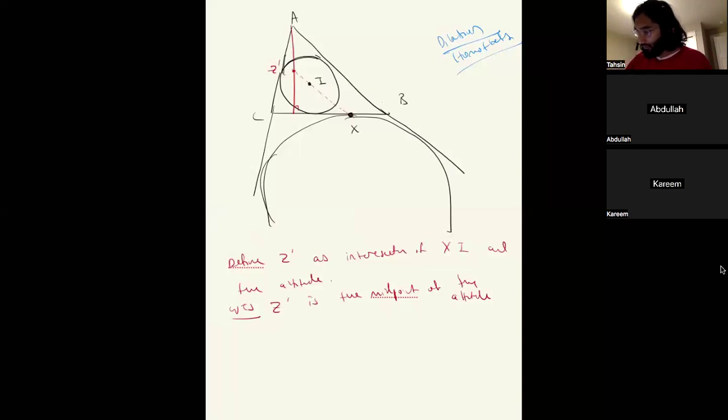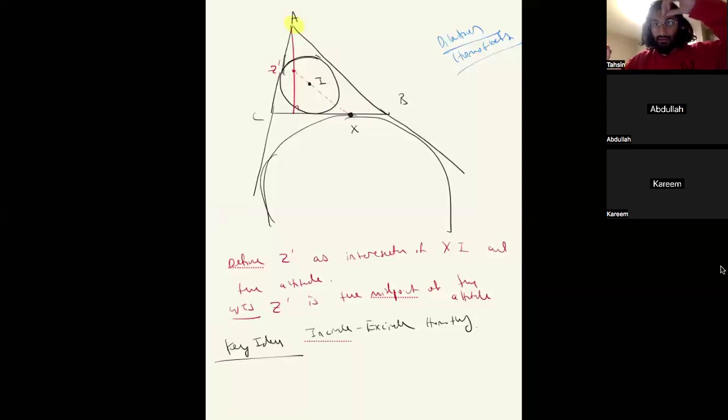This is the key idea: the incircle-excircle homothety. So what is the center of the dilation? It's A. The point A, there's a dilation that sends the incircle to the excircle. Do you see it?